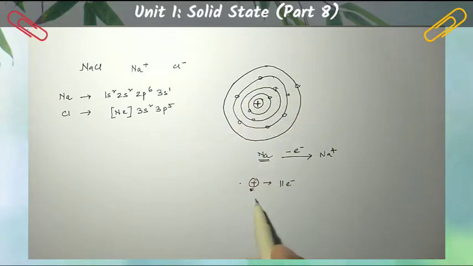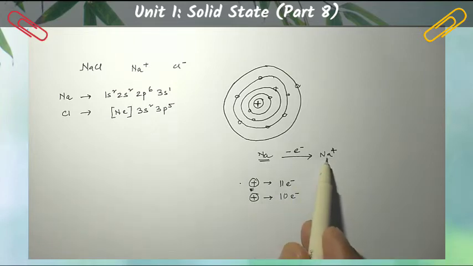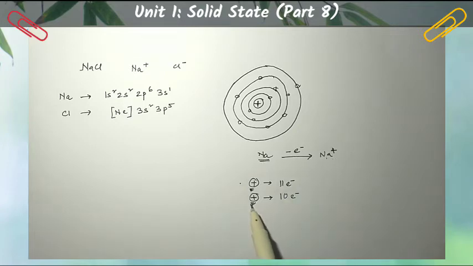After removal of 1 electron, the same nucleus will pull 10 electrons. That means it will pull more closely in case of sodium positive. So the size of this sodium positive will be smaller than the size of the sodium. So these are the 2 factors.